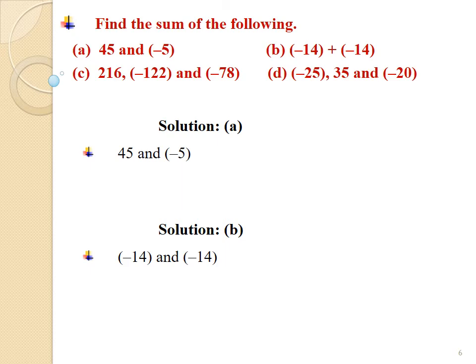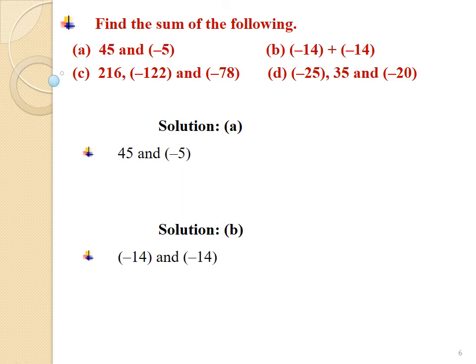While adding two integers of different signs, subtract the smaller number from the larger number and put the sign of the larger number. So now let us solve question number 6, keeping in mind the rules of addition of integers.